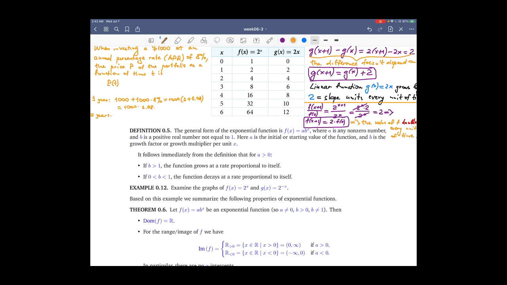In 2 years, you're going to have what you had in the beginning of year 2, which is 1,000 times 1.08, plus that 1,000 times 1.08, times 8%.